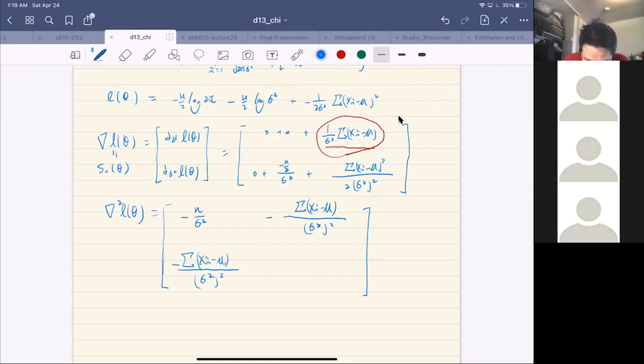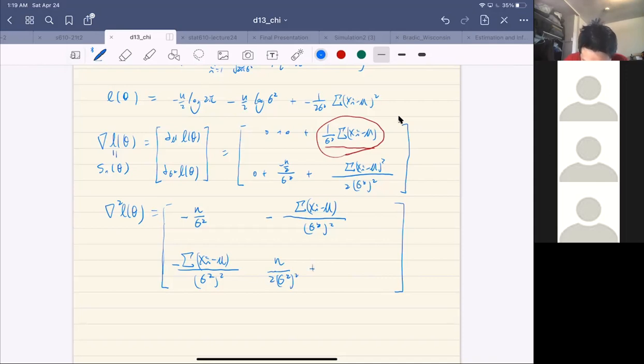And the last term, the derivative with respect to sigma squared, is n over 2 sigma squared to the power 2, and it becomes positive.